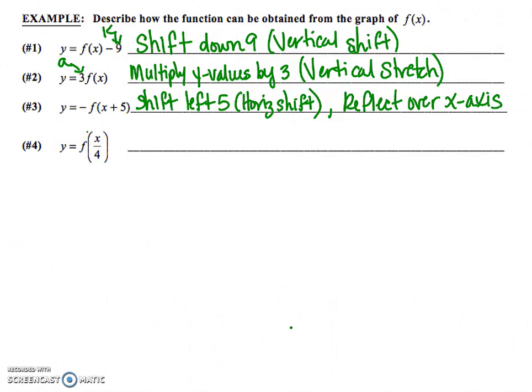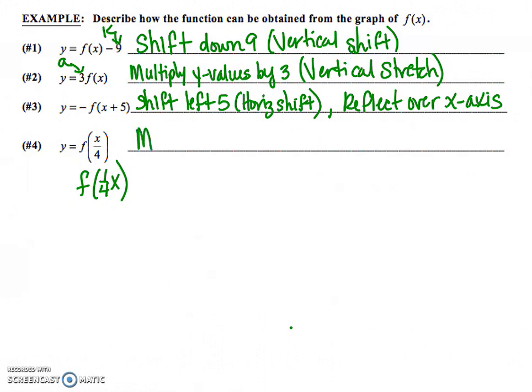And then the last one, this one is the tricky one. So this one we've got y equals f of x over 4, or you can think of this as f of 1/4 times x. Either way, it might be easier to think of it as x over 4, but you're going to do the opposite of what you would expect.